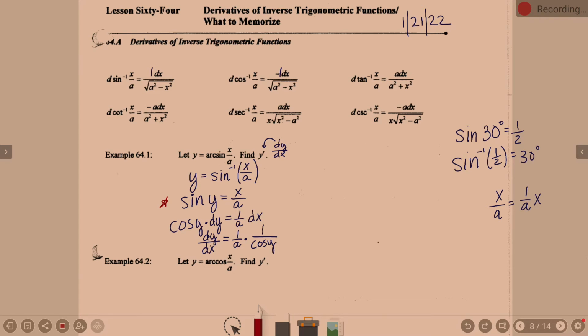Sine of y equals x over a. If we talk about sine of y equals x over a, can you set up a triangle that shows that relationship? Think right triangle here, yes?